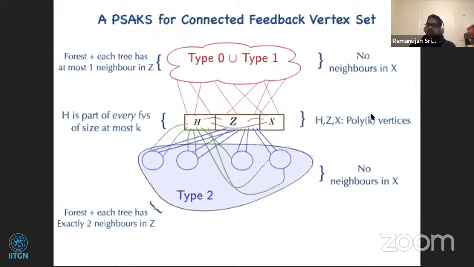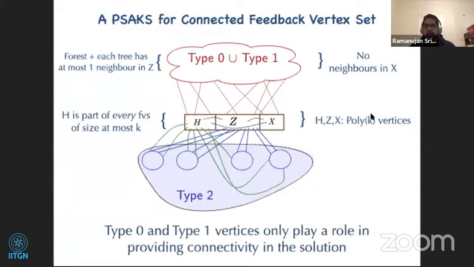Now, why am I doing all this? What can I infer from this structure? Well, I claim that really type 0, type 1 vertices, they don't really play a role in hitting cycles. Why is this the case? Well, look at the set H. I know that H is going to be deleted no matter what. It's part of my solution.